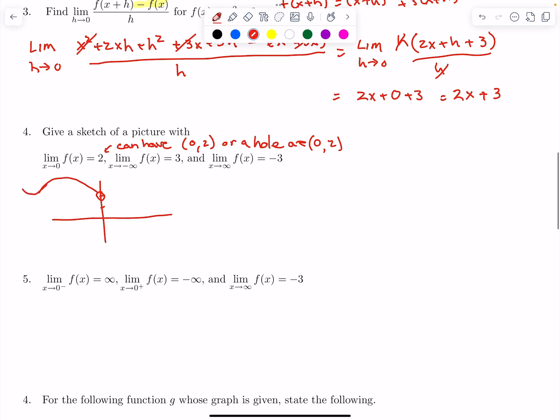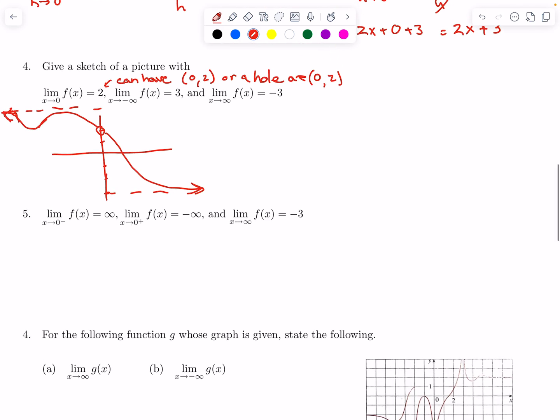Oh, we need to get it back up to a height of 3. Level it off towards a height of 3 at the end. And then limit as x goes to positive infinity needs to be negative 3. Let's manage to get it to level off towards a height of negative 3 towards this end. There you go. Okay, we don't really care what happens in the middle.